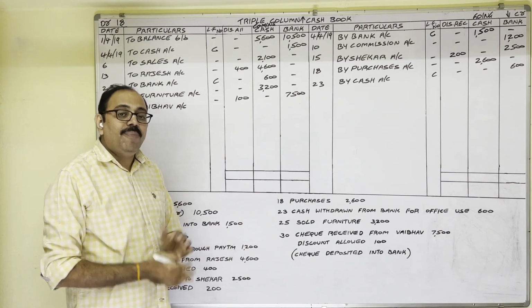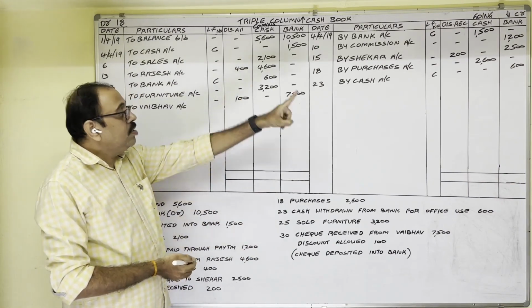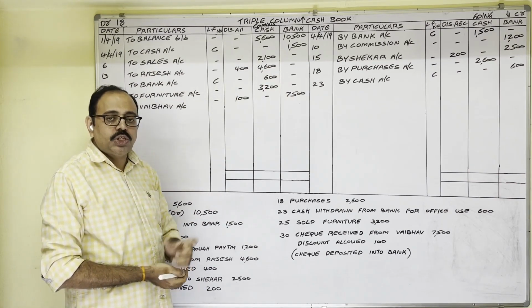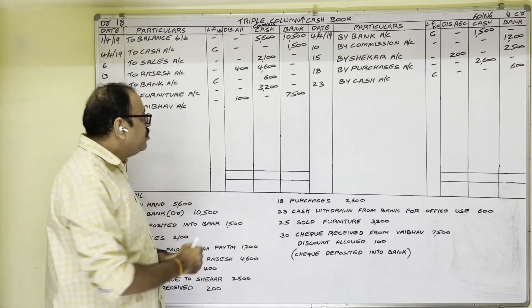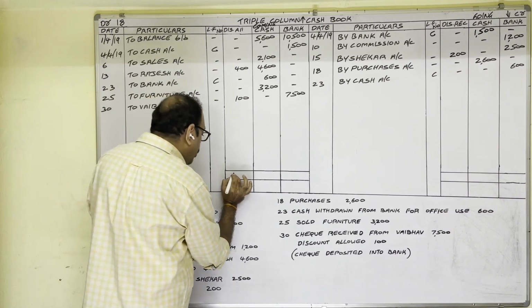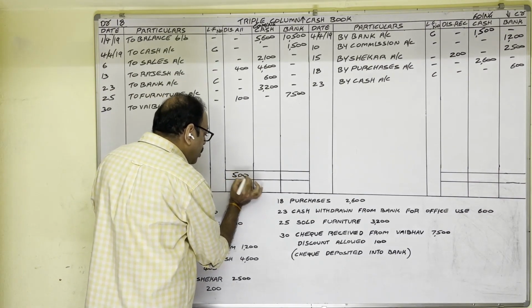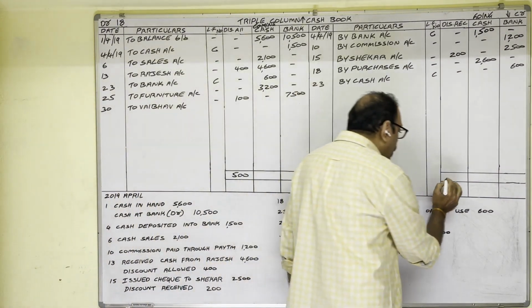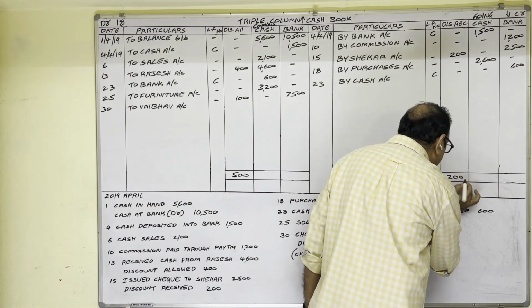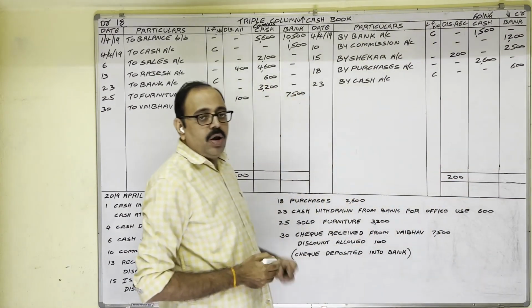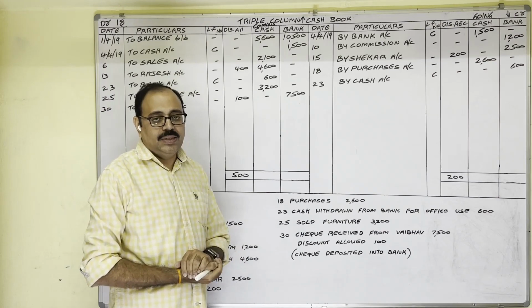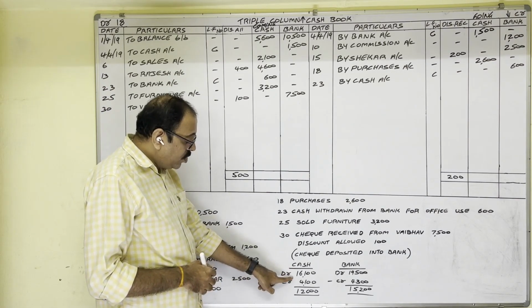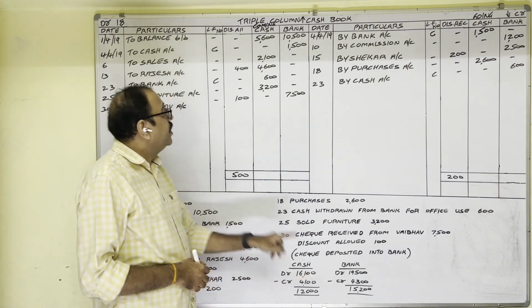Next step is balancing. Discount columns we should not balance because these are memorandum columns now. Simply we have to put the totals. Debit discount total 500, credit discount column total 200 rupees. For the cash column and bank column, you have to find out the balances. For cash, debit column total is 16,100.